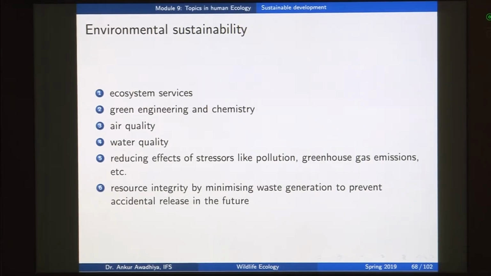When we talk about environmental sustainability, we are talking about things like ecosystem services. What are the services that are being provided by the proper functioning of an ecosystem? So, things like oxygen. Oxygen is given by the plants when they are doing photosynthesis. So, when we are talking about environmental sustainability, we need to have an ample number of plants so that we are able to get an ample amount of oxygen.